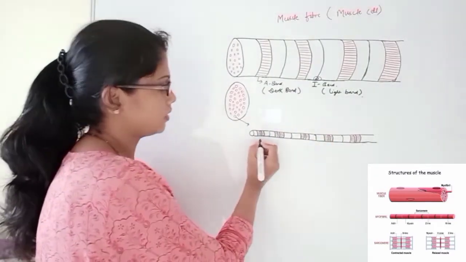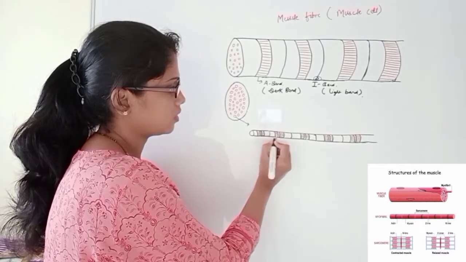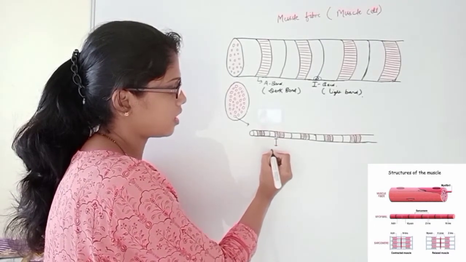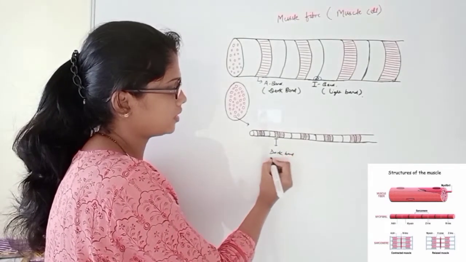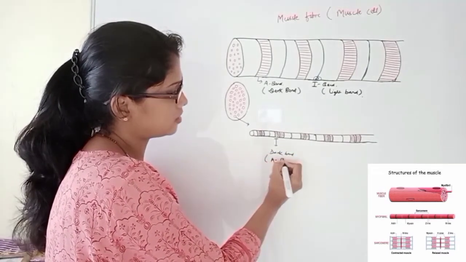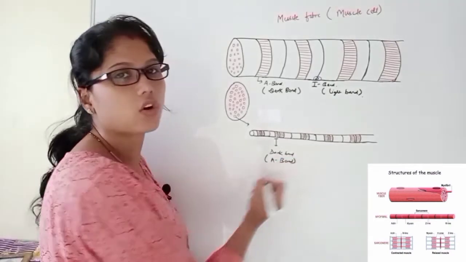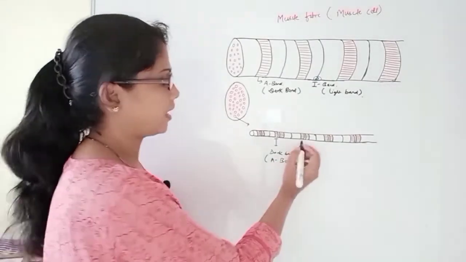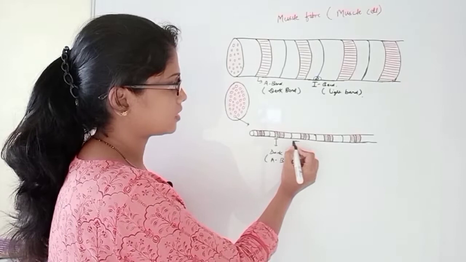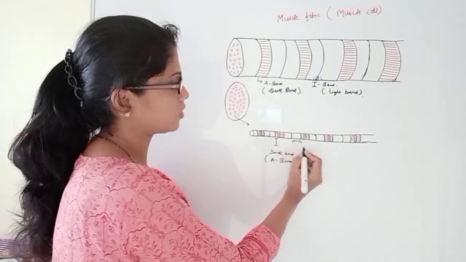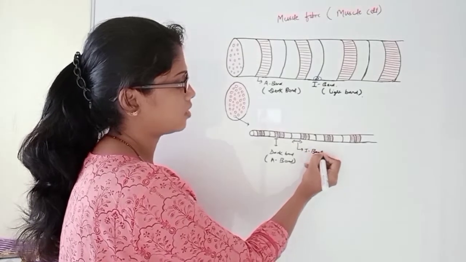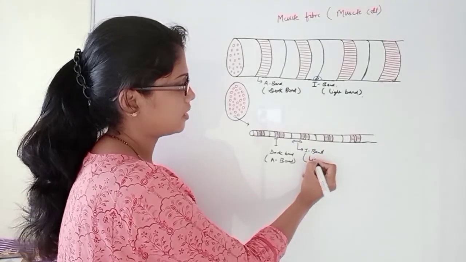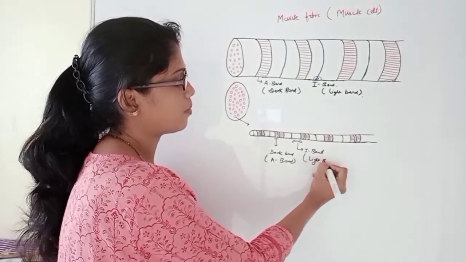The dark band here is called the A band, and the light band is called the I band.